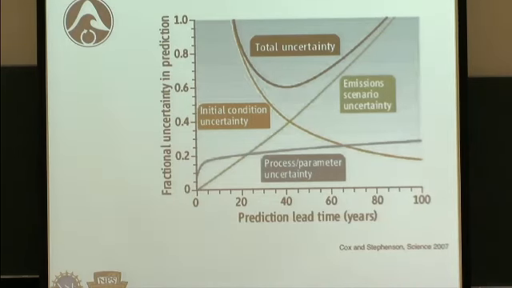So why look at the parameter space? This is the plot by Cox and Stevenson. And they tried to estimate the contribution in a climate model from the various components. So 20% of the uncertainty they attributed to the process or parameter uncertainty in a climate model.